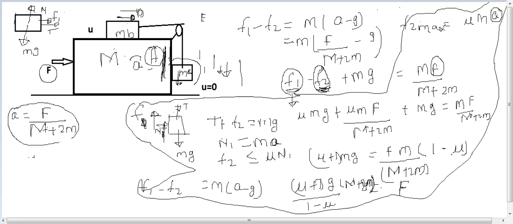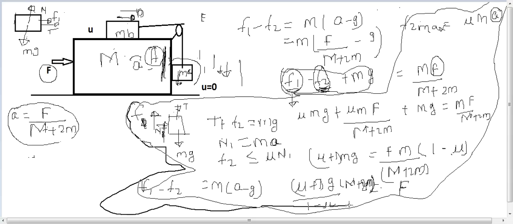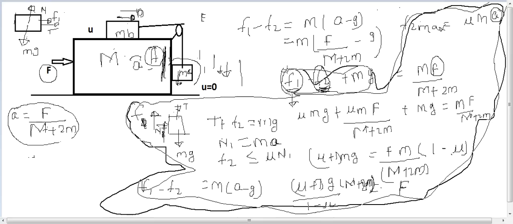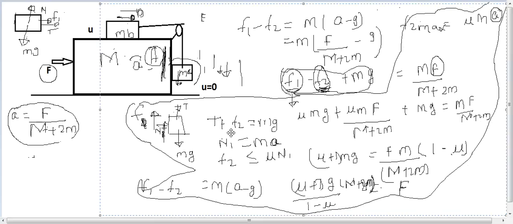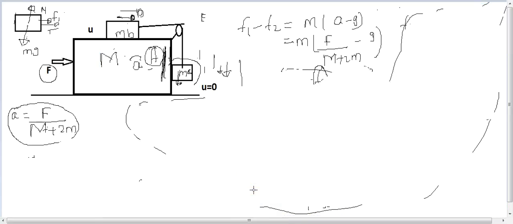It's not a big problem, let it erase. So again, if we are going to find the minimum value, let me select again.